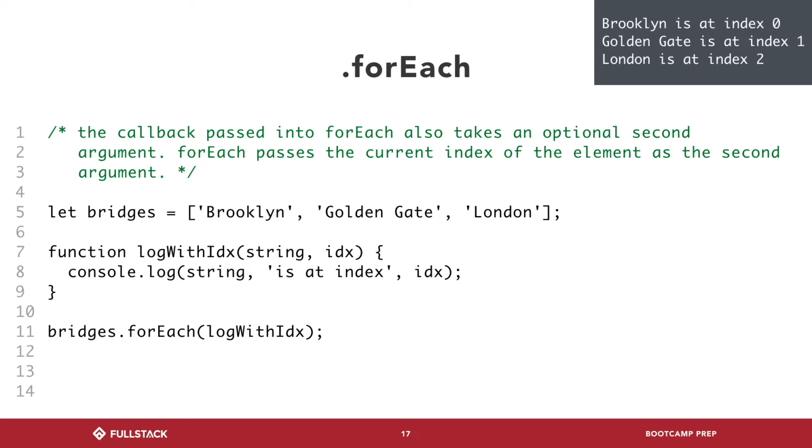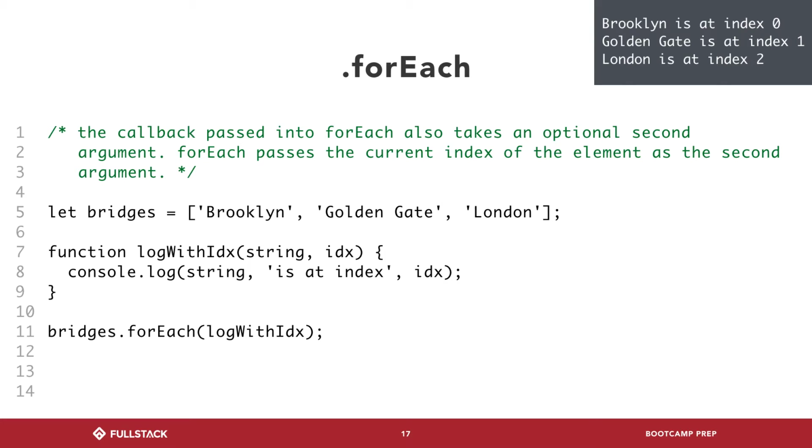So the first one always takes in an element, and then if you add any other additional parameters, even if it's named something other than idx, it will give you the index. Yeah. Parameters are just variable names, so you can always call them whatever you want. They're never binding. So the first argument is always going to be the element, the second argument is always going to be the index, and the third argument is always going to be the array. If you don't need it, feel free to not accept it, but forEach is going to do that for you every time, no matter what.